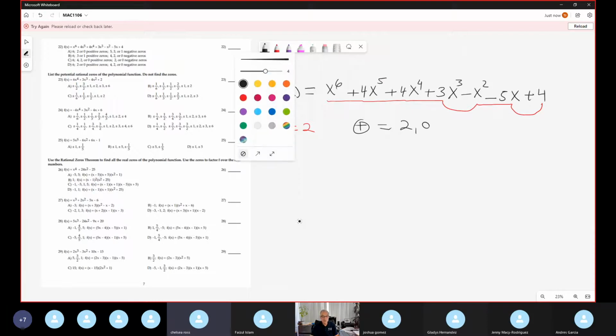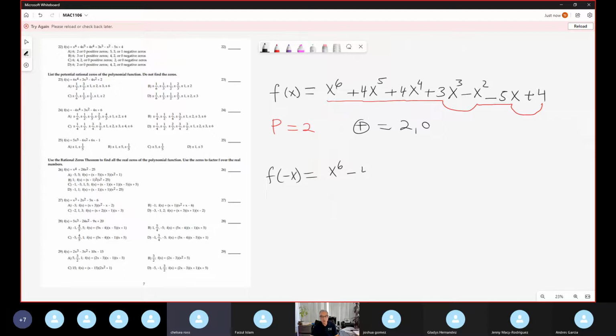Now let's make a reflection. You make a reflection. The even stays the same. The odd changes. Minus x squared stays.